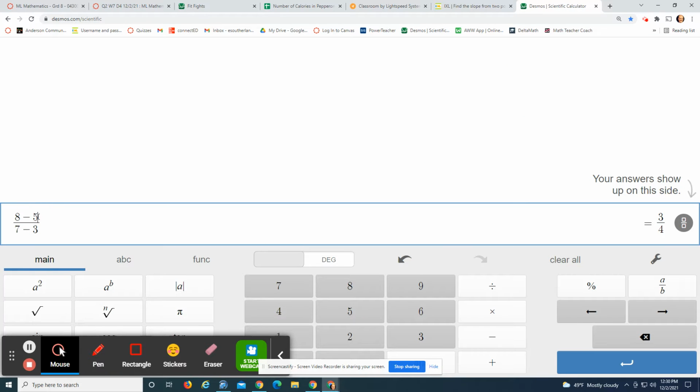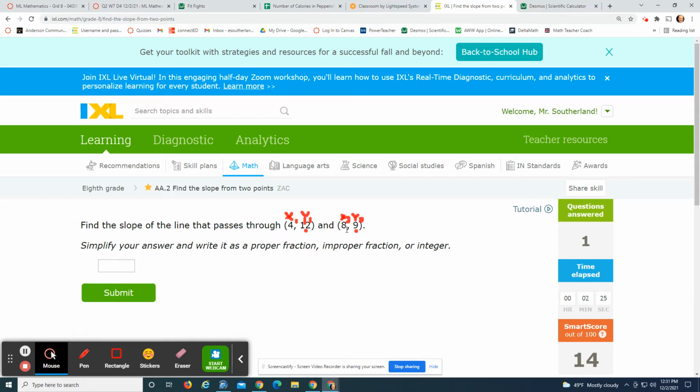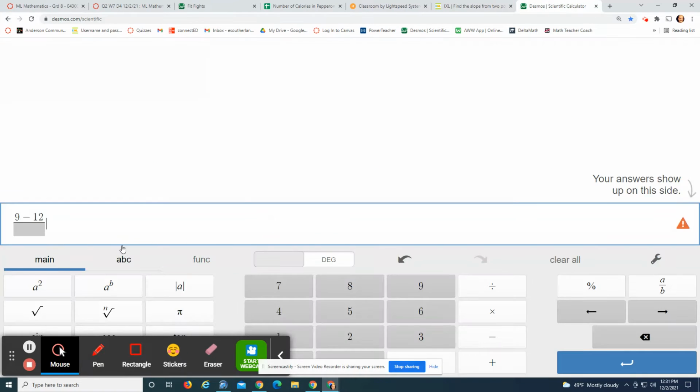So you change this to 9 minus 12. And then down here, you're going to go to 8 minus 4. And then you click the circle and you'll see that it gives you negative 3/4.